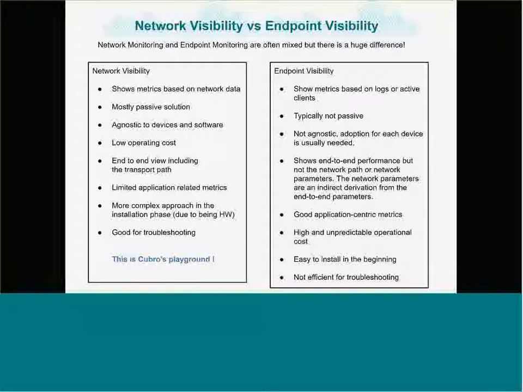But the problem with endpoint visibility, especially for security, is that you don't have access to the packets. What you get is only metadata from these endpoint software devices, and it's not agnostic. For each device, you have to do a separate software. So it's an option, but we think it's not the best option.